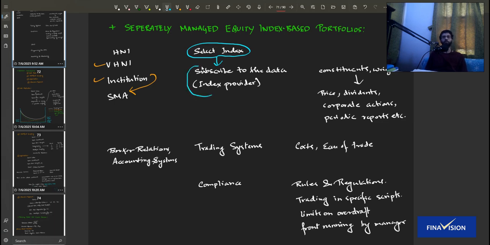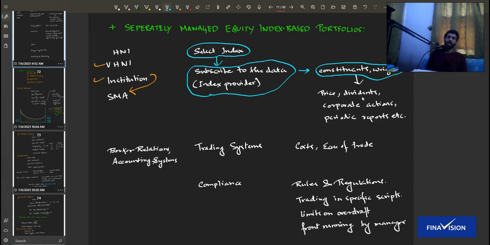Now generally that can be provided by the index provider itself, but it can also be purchased by a third party. Now what do they provide? They provide primarily the constituents and their respective weights, and the basis of those constituents and those weights, right?